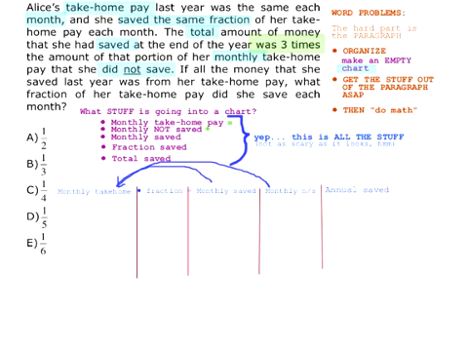If you take monthly not saved, then you multiply it by 3, then you get annual saved. And there, that gives you that. And then actually I think that's all of it. Yeah, that looks like that's it.